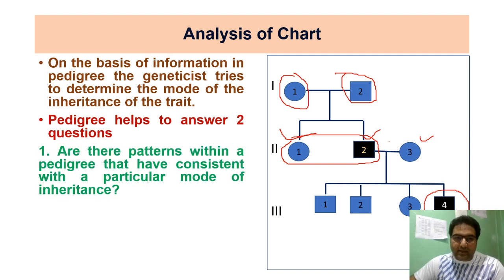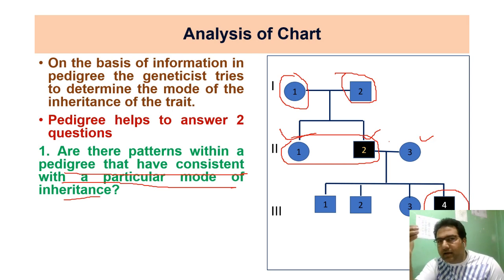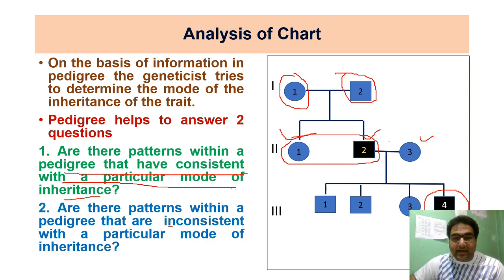The first question is: are there patterns within the pedigree which show a consistent and a particular mode of inheritance? That is, are they following a consistent pattern with a particular mode, or an inconsistent pattern?